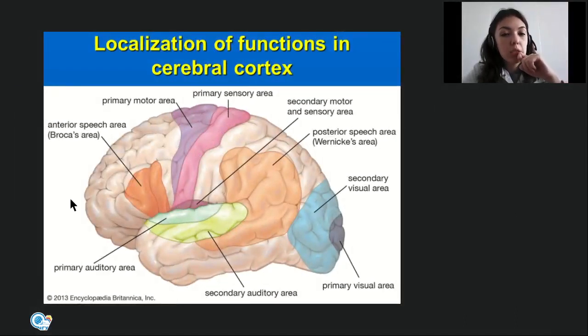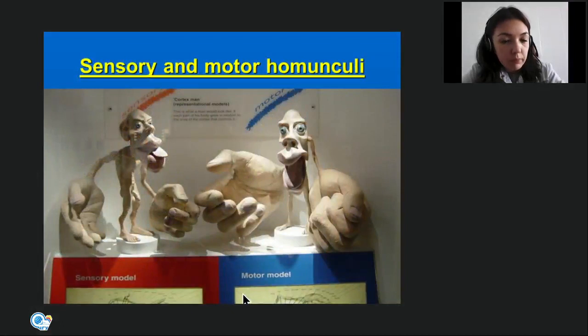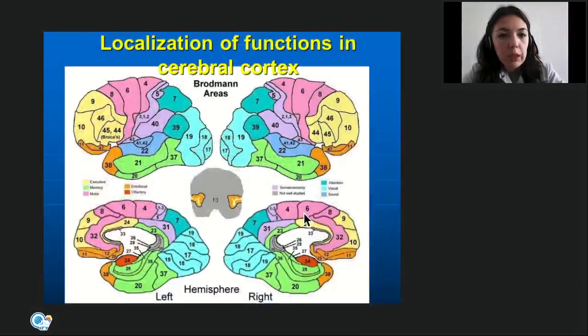The other centers about which we can talk, there is primary auditory area or projectional center of hearing that is located in the middle 1/3 of the superior temporal gyrus. There is primary visual area or projectional center of the vision, and it is located in the cortex on the medial surface of the occipital lobe around the calcarine sulcus.